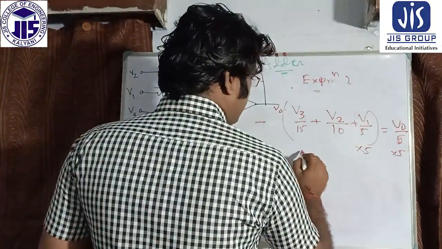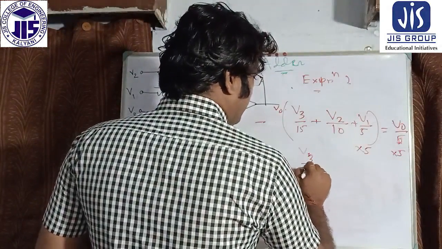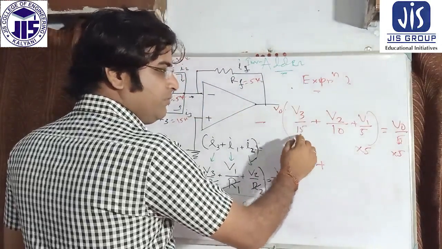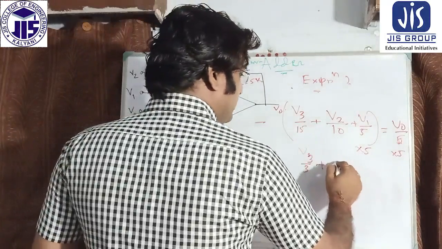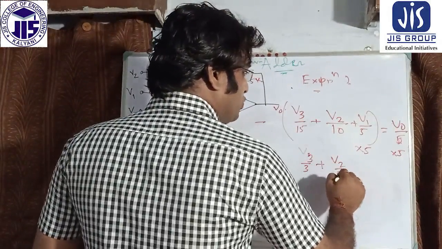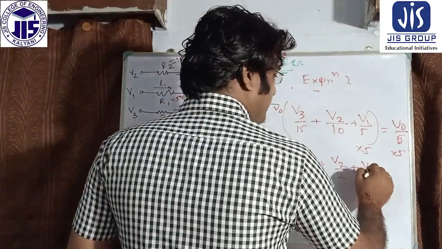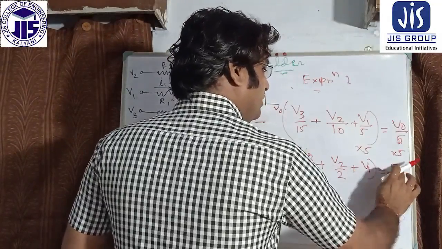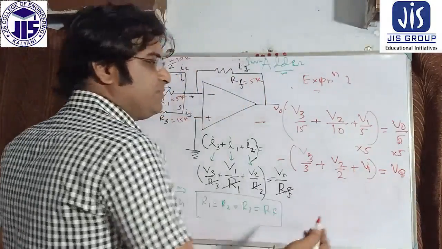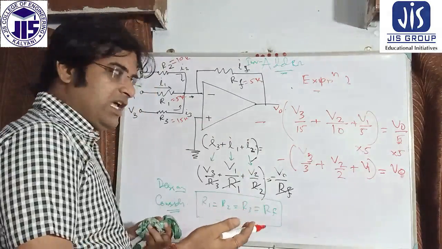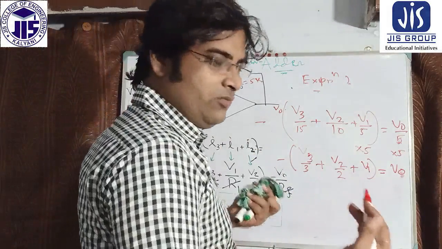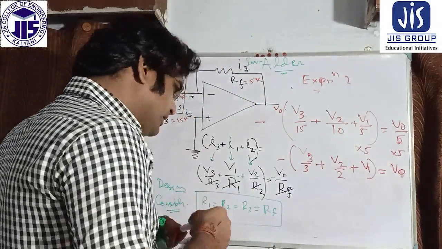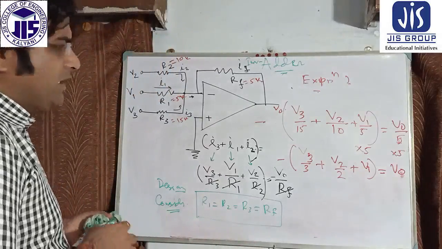It represents V3 by 3 plus, because 5 is here and 15 here, this is 3, and this is V2 by 2, and this is V1, which equals V naught. Okay, so this is the expression, the relation. We can change it according to need. It is also possible to multiply with 6. So this type of problem we can represent.